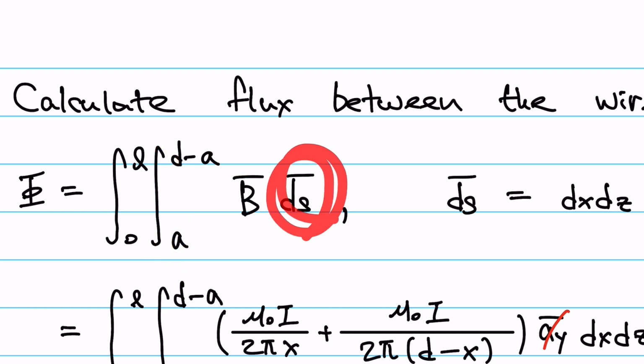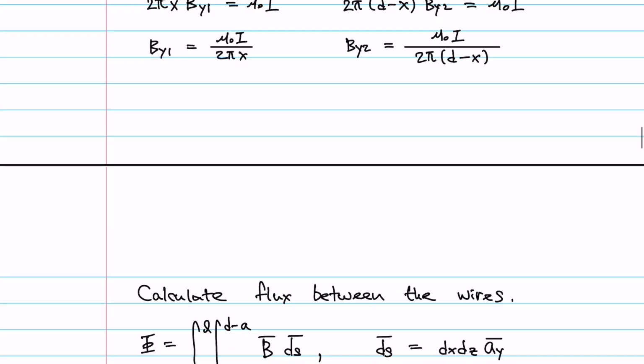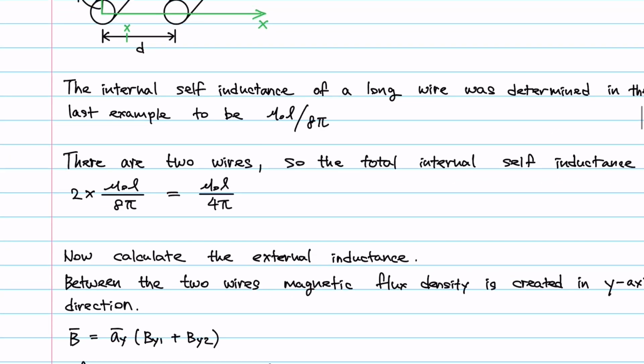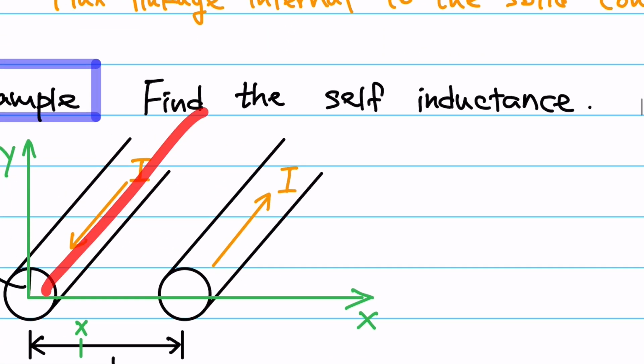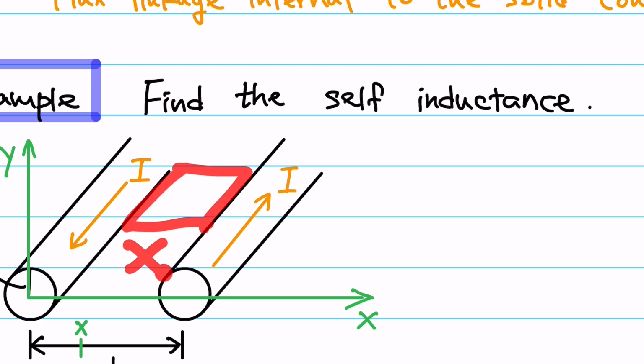Now we need to define what ds is. ds is a tiny portion of the surface area between these two wires. So it's a tiny portion. This is a ds, and ds is a multiplication of the x-axis and the z-axis direction. Right, this is the x and this is the z-axis direction.